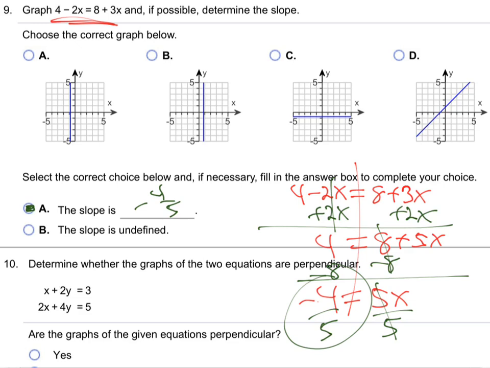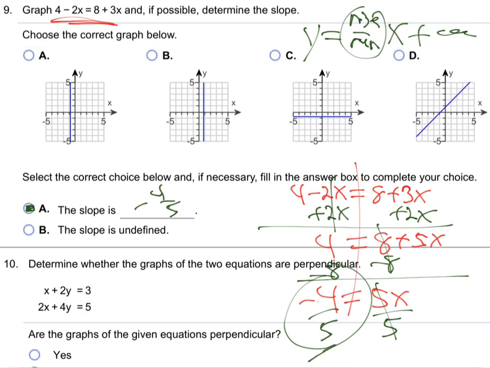First off, there is no y in this problem. Slope is if you have y alone, and the rise over run, the slope, is what's next to x, and then there's some other number out there. That's where you see slope in an equation: it's the fraction next to x when y is alone.